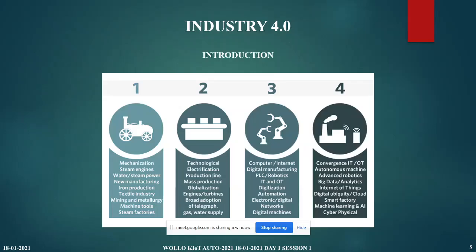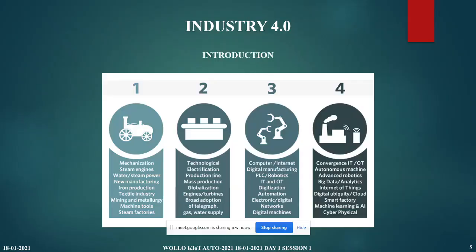Products were being produced at mass production levels. Globalization occurred. You had various internal combustion engines and gas turbines. And there was broad adoption of the telegraph, which means communication was very easy. And then finally, you had gas and water supply.